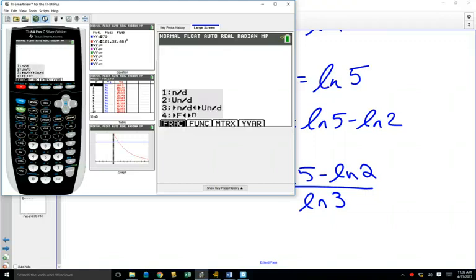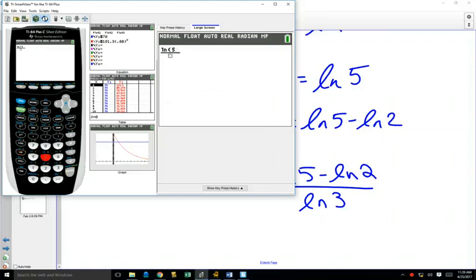I like to use the fraction button because we have a lot of things going on here. So then you can type it exactly as you see, natural log of 5. Notice how your calculator starts with a bracket. You have to close the bracket. Minus natural log of 2 divided by the natural log of 3. Push enter and we get our answer, 0.834.